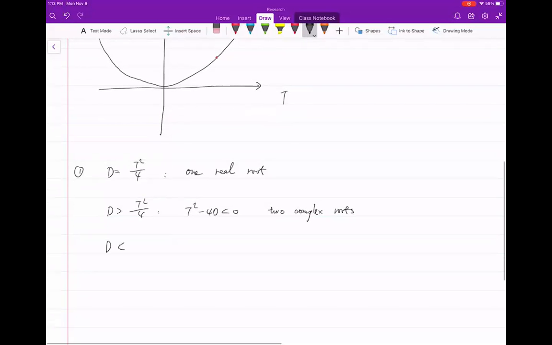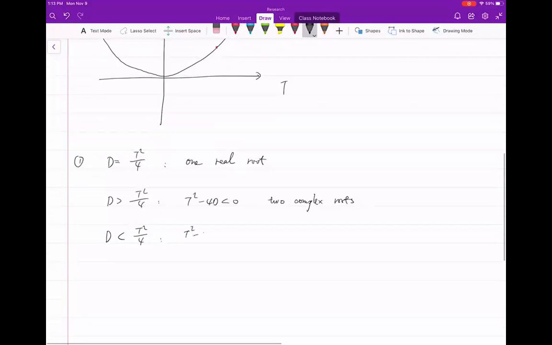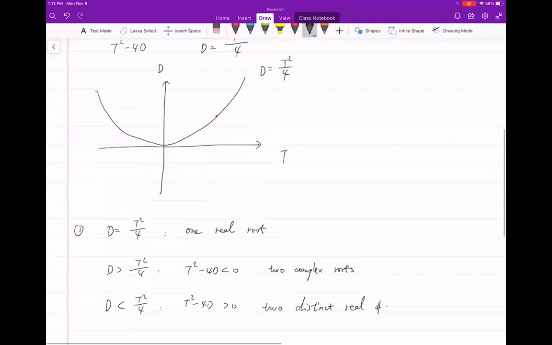Finally, D below gives you T squared minus 4D bigger than 0. We have 2 distinct real roots. So at least that part is done. All the complex stay on the top, everything critical stays on this, and everything real stays below.